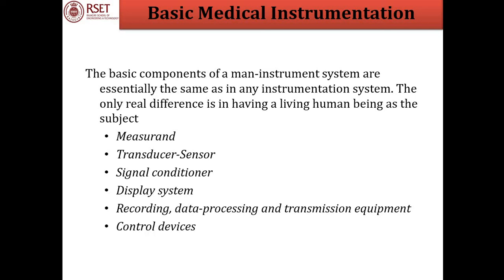And also control devices are available whenever it is desirable to have automatic control of the stimulus given to the patient or control at any part of the man instrument system.